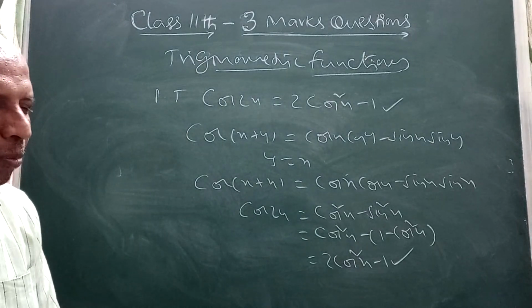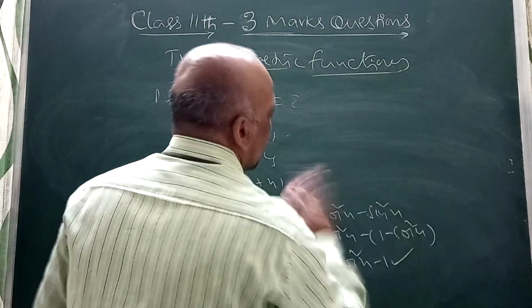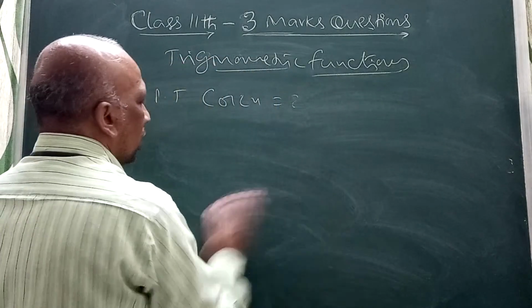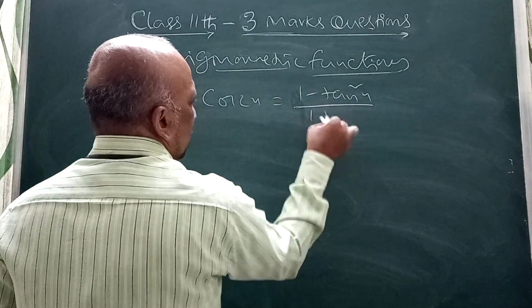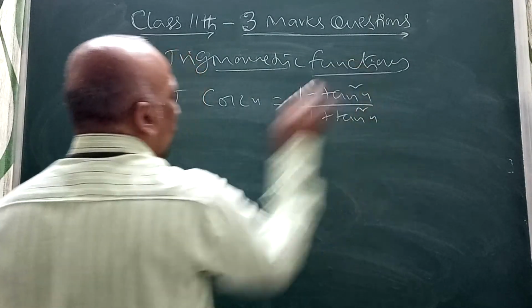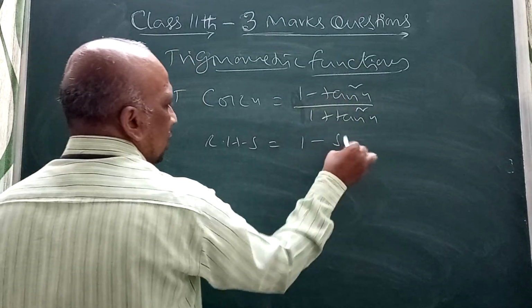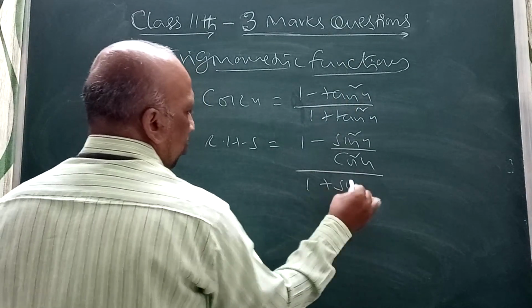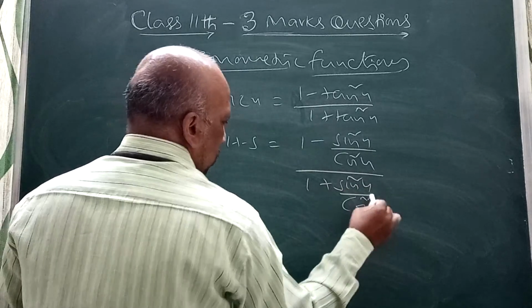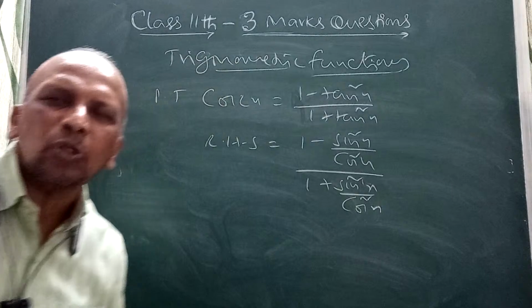Sometimes they will ask prove that cos 2x equals 1 minus tan square x by 1 plus tan square x. So you can take RHS here. 1 minus tan square x, I can write as 1 minus sin square x by cos square x, by 1 plus sin square x by cos square x. Replace tan square x with sin square x by cos square x.